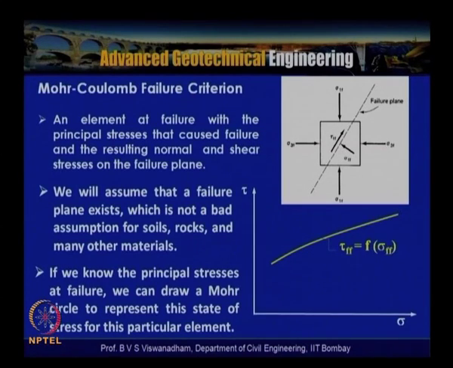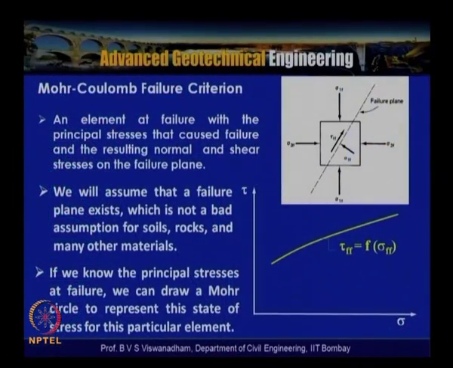So, if you know the principal stresses at failure, we can draw a Mohr circle to represent the state of stress for this particular element. With that we will be able to get the so-called strength of the material at failure.